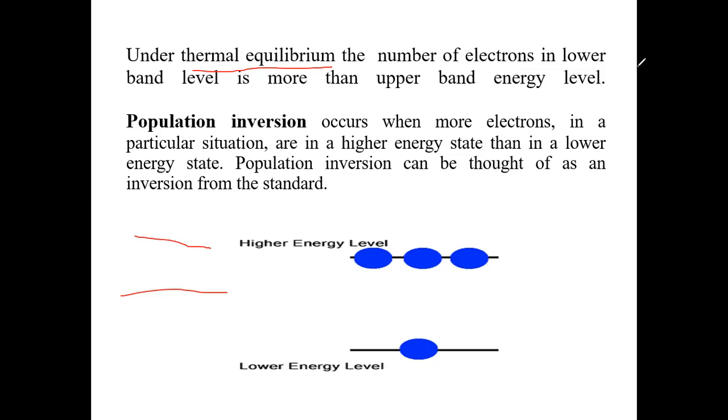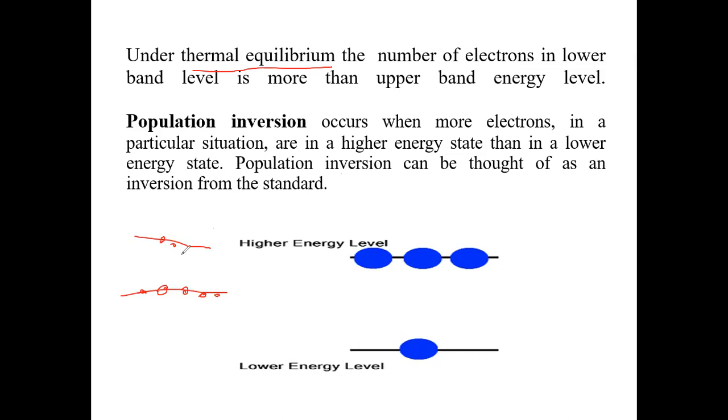I am just explaining what population inversion is, a general one. Under thermal equilibrium, the criterion is that there should be more electrons in the lower energy level compared to the higher energy level, the upper band. So this is my normal level.